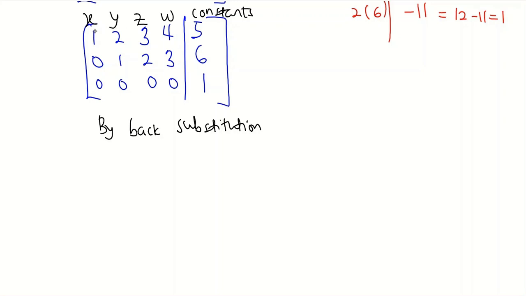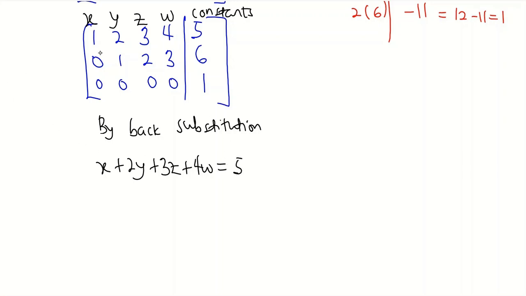So at this point, 1 times x gives us x, and we know 2 times y gives us plus 2y. It continues, and we know 3 times z gives us plus 3z, and we know 4 times w gives us plus 4w is equal to the constant, that is 5.